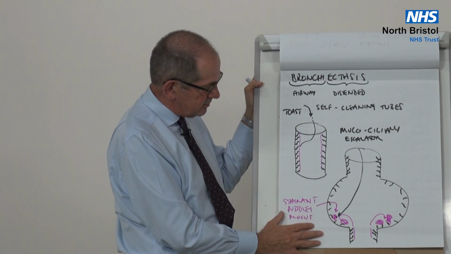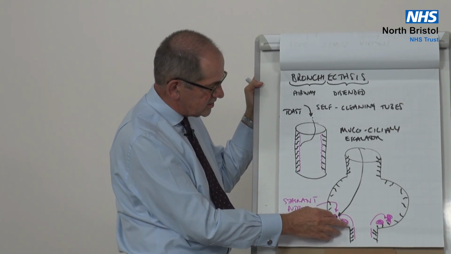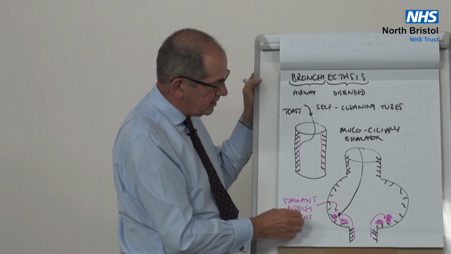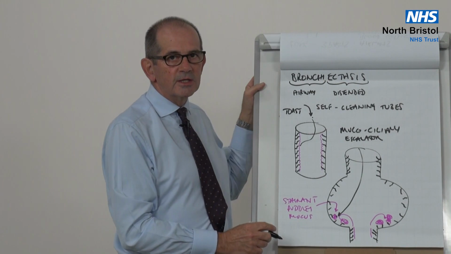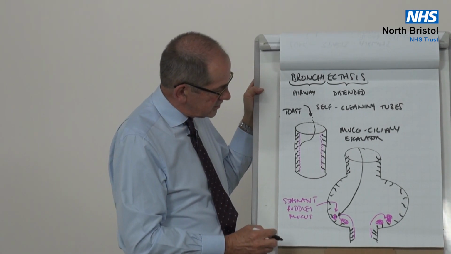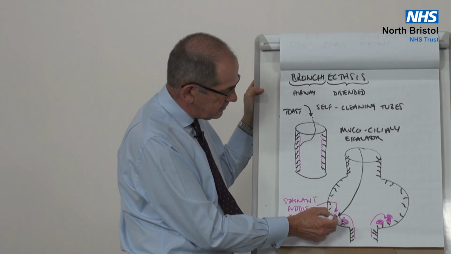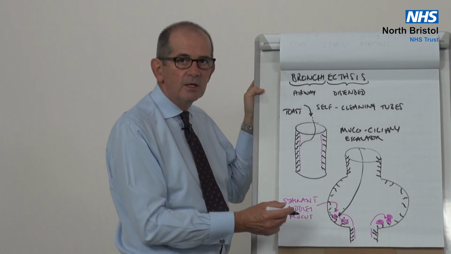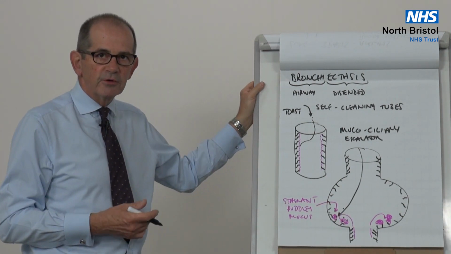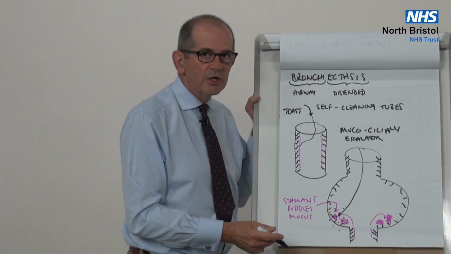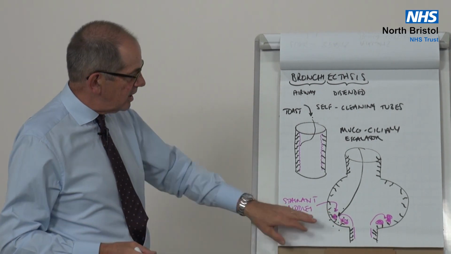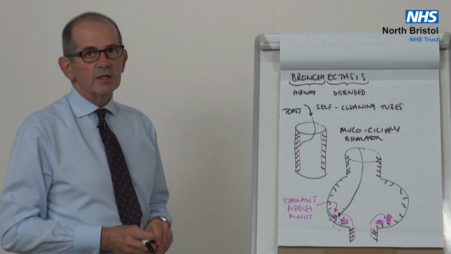But under these circumstances, these gobbets of mucus are stationary, and the bug lands in there, and the lung is unable to clear the bug from the mucus, so the bug will multiply down here. It's a nice place if you're a bug. It's nice and warm, there's plenty of food in the form of mucus, so the bug will set up home or colonize the airway, and the bug will become a permanent resident in the lungs.